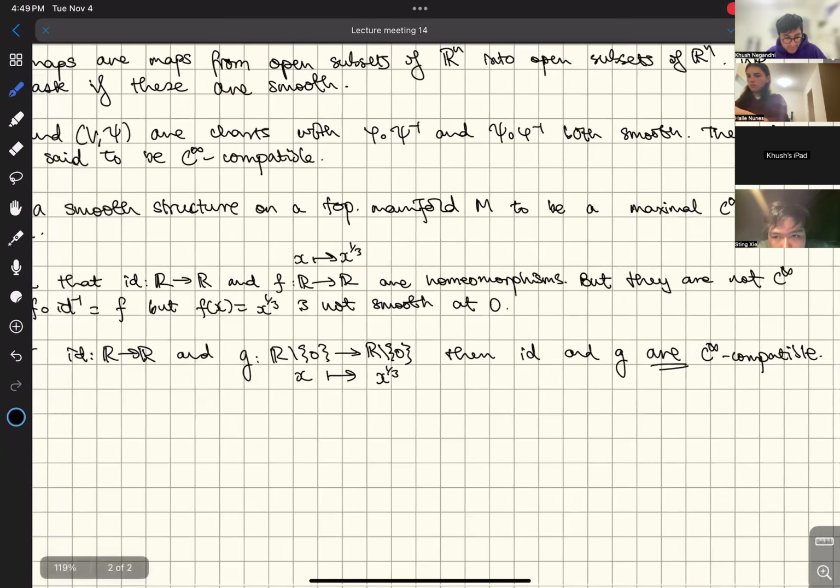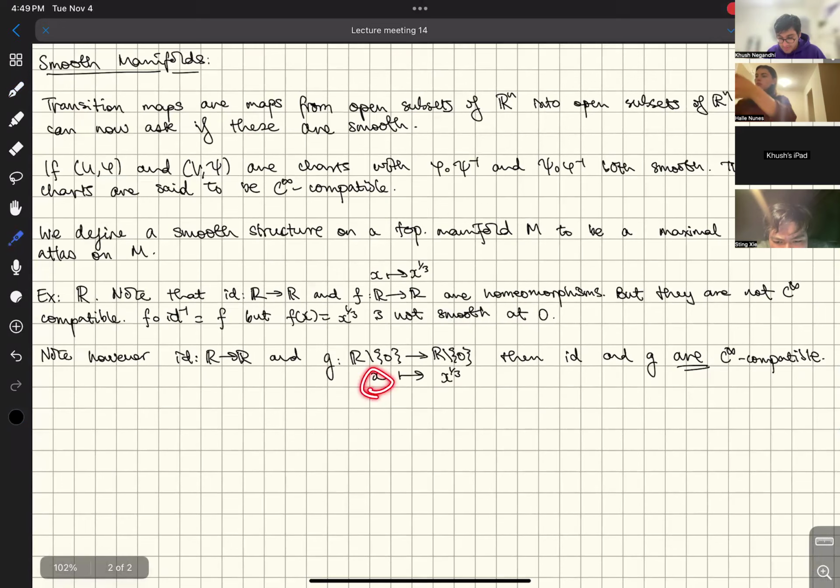The reason for that is we've removed the trouble point 0. The cube root of x is smooth everywhere other than 0, and we've removed the issue point.